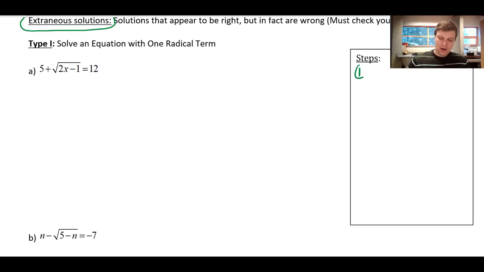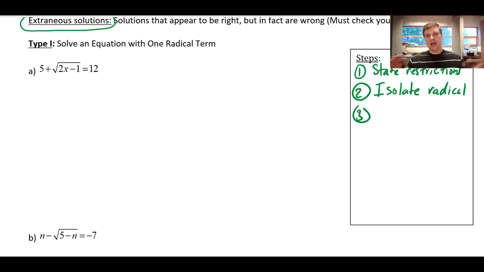The steps that we are going to follow are, number one, we're going to state our restrictions. Two, if we have a radical, we need to isolate the radical. So instead of isolating for x or the variable, we're going to isolate the entire radical, whatever it is. Once we have the radical isolated on either side of the equation, we're going to eliminate that radical. For example, if you're taking the square root, you could square it.